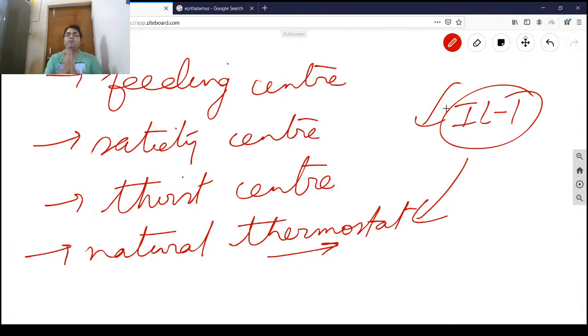Once it has increased the set point, the body's reaction is to make you shiver, tremble, move, causing friction, even beating of the teeth, collision.